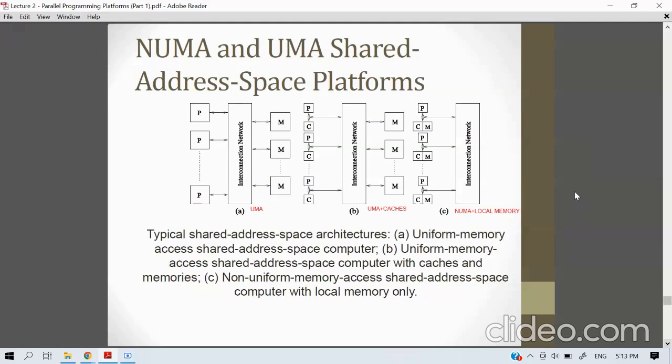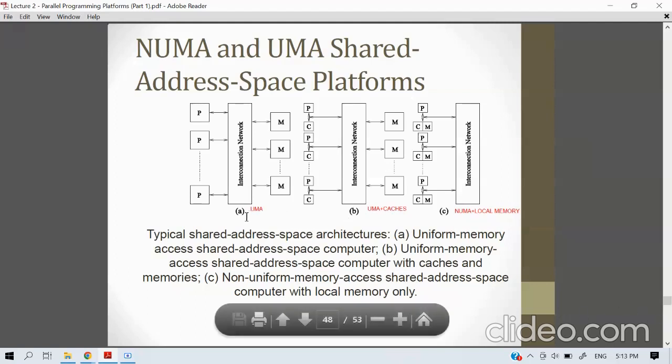All right. So this is the diagram that represents the UMA with caches and also NUMA with local memory. These three platforms actually use the shared address space concept.